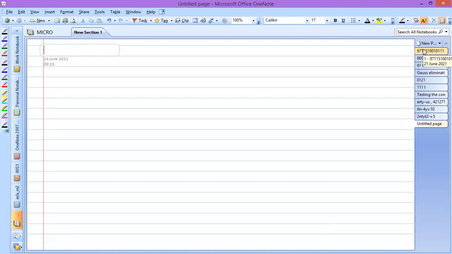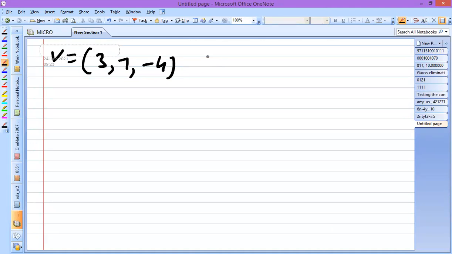Suppose we want to express V equal to (3, 7, -4) as a linear combination of vectors.